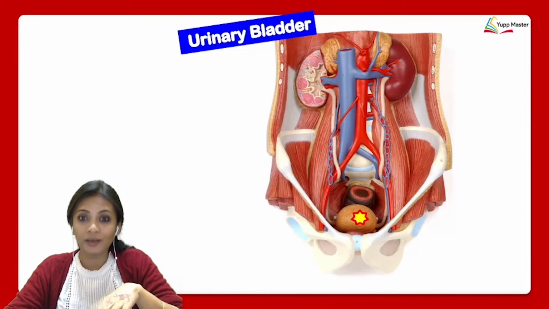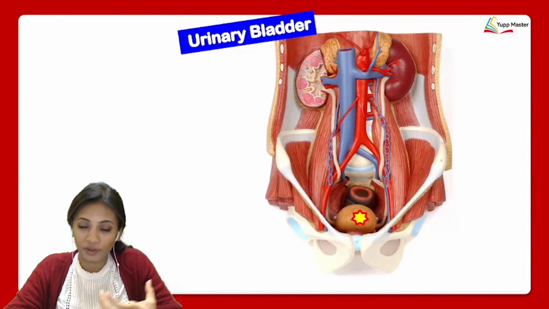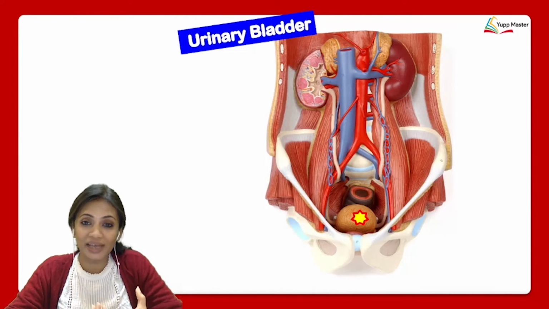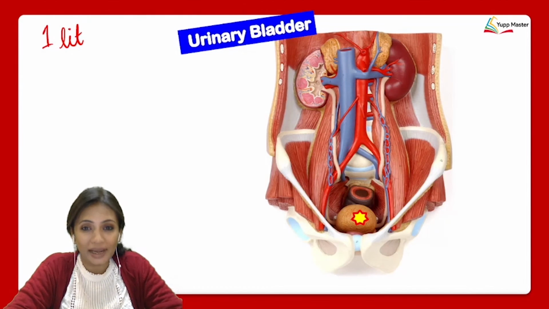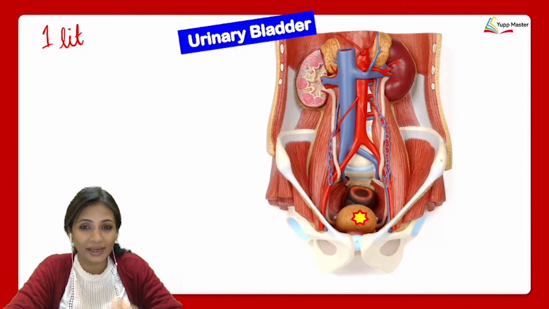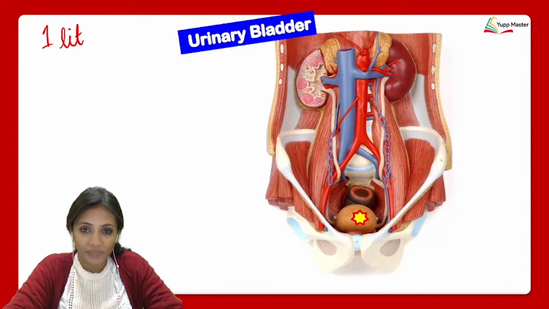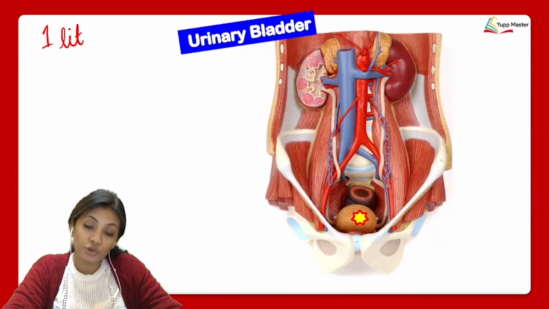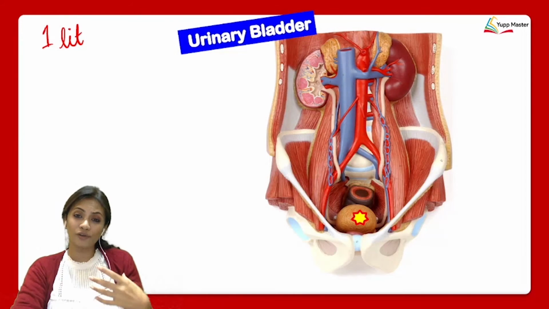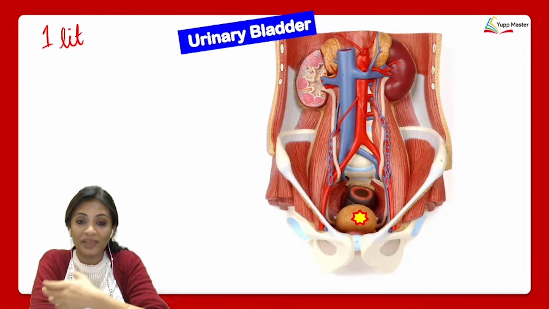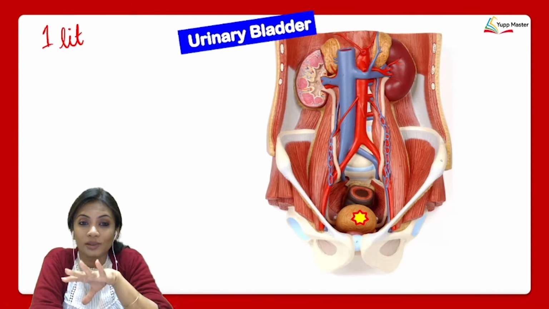The bladder capacity of an average human adult is around 1 liter. So if our bladder capacity as a human adult is 1 liter, then how much urine do you think has to be filled in that bladder for you to get an urge to go and evacuate the urine?